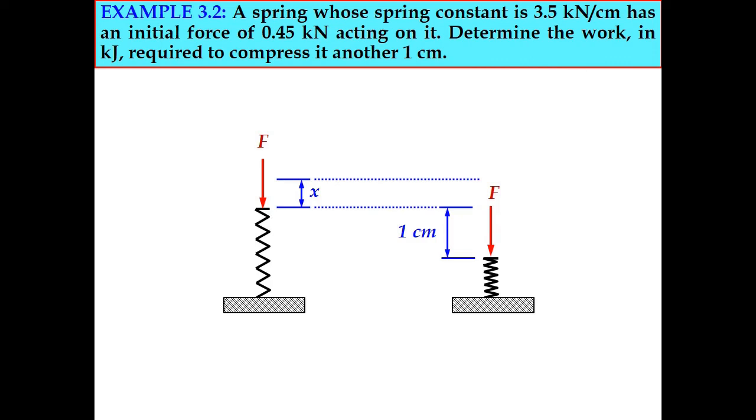You substitute the new x for the final state, which includes the displacement from the initial state, and from that you can obtain the work required to compress another 1 centimeter for the final state. So I will let you answer the question. Maybe we will discuss it during our live session, the online class, and so on.